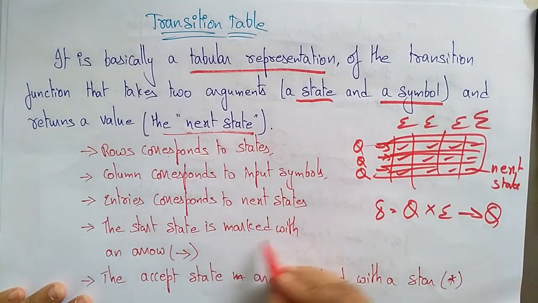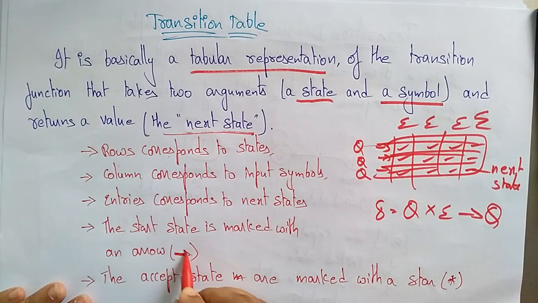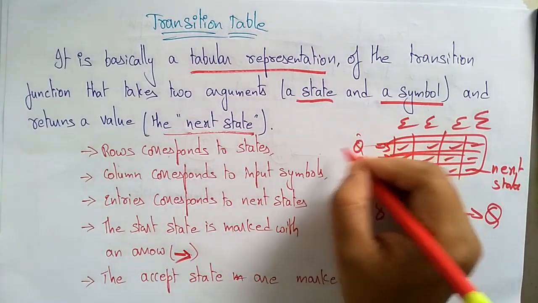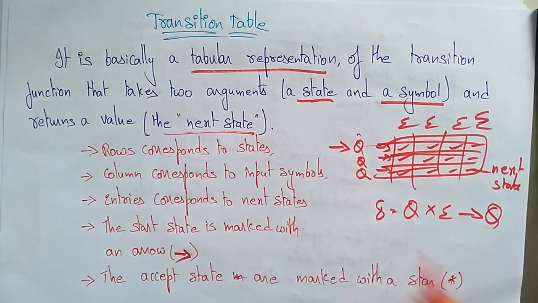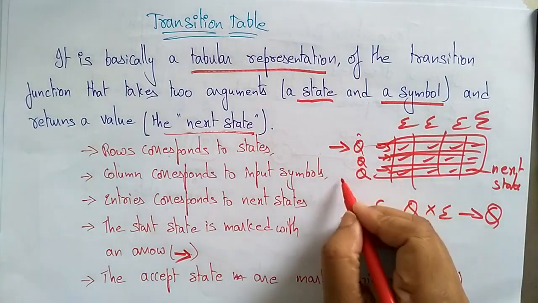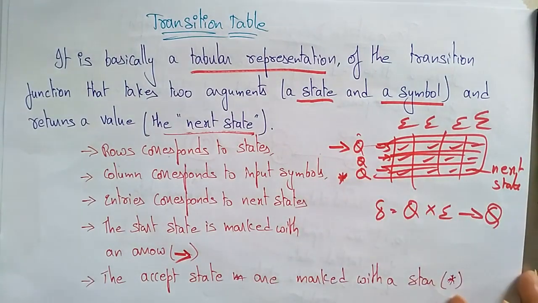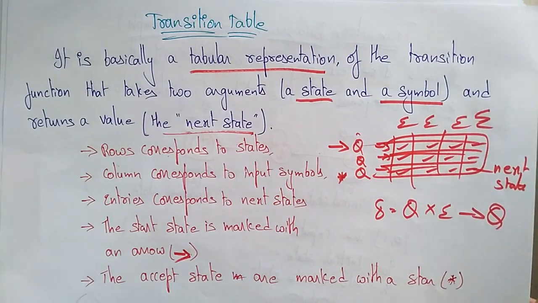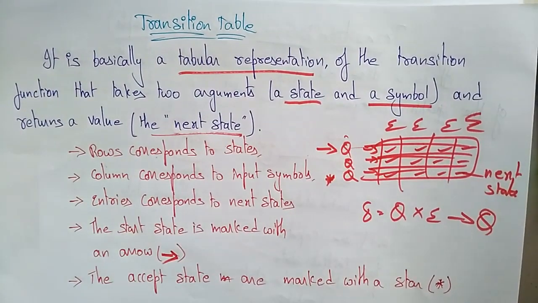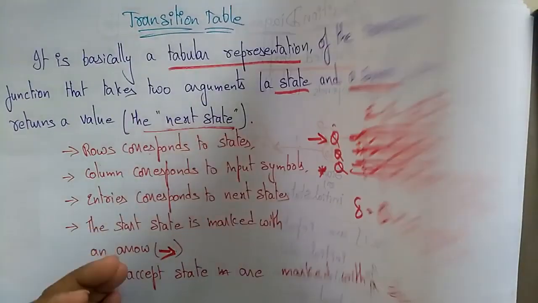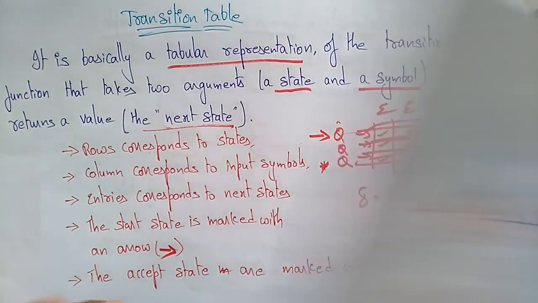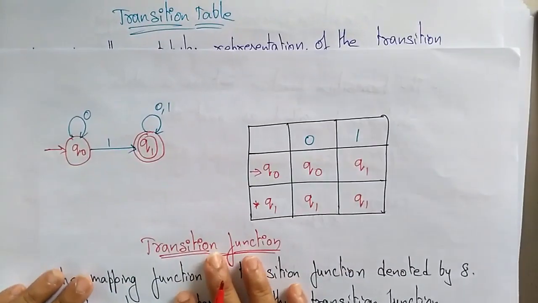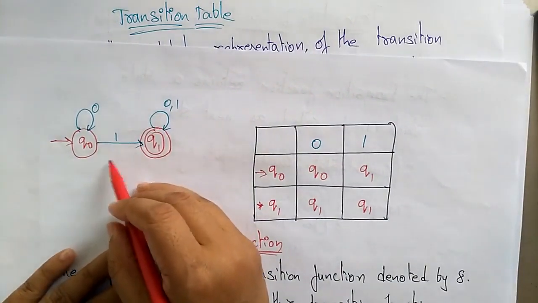The start state is marked with an arrow, and the acceptance state, the final state, should be marked with a star. Remember these points while you are writing the table. Let me show you how to draw the table from this transition diagram.